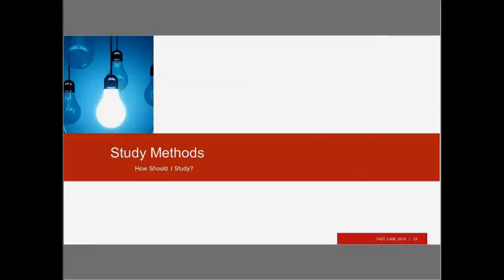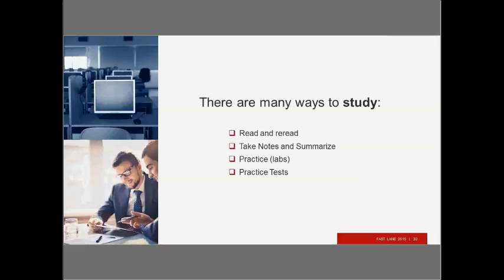Okay, so study methods, how should I study? Once you've found the material that you're going to use as a basis for studying, well, what should you do with it? There's many ways to study. So one way is to read and reread. That works very well if you have an extremely good memory.